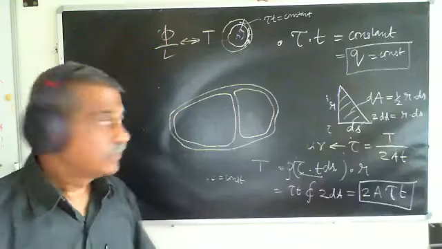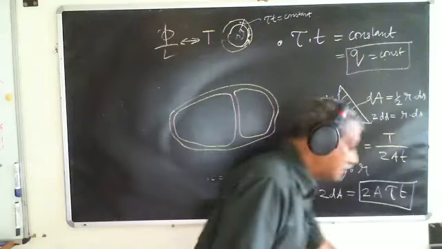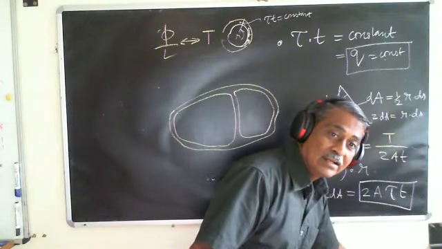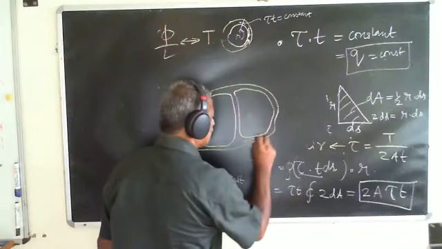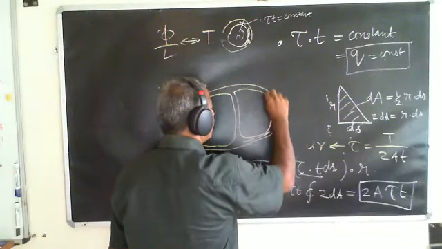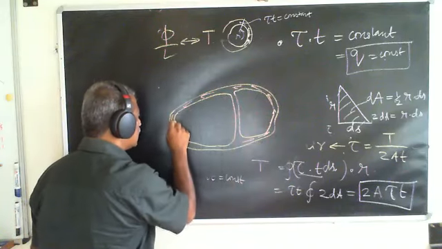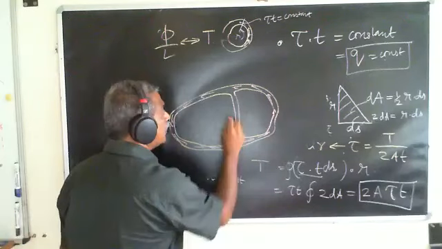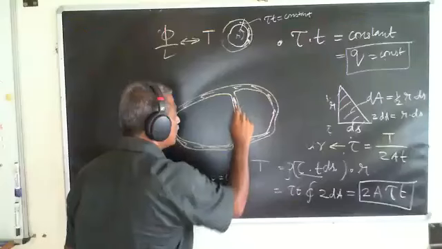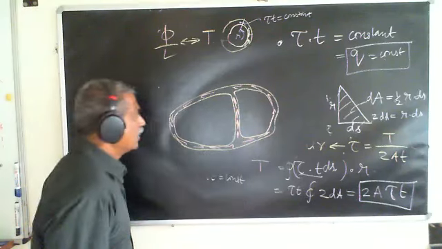How does shear flow in this? That's a question I can easily answer now, is it not? It flows like this. Okay, let's say it flows like this. In this, I don't know whether it is flowing like this or not, but I can assume it to be this way.